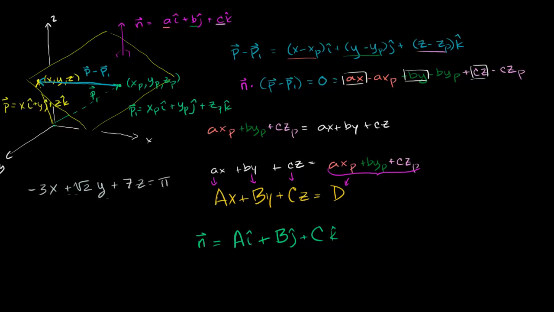So it's not crazy, it's just a plane in 3 dimensions. And I say, what is a normal vector to this plane? You literally can just pick out these coefficients, and you say a normal vector to this plane is -3i plus square root of 2j plus 7k. And you could ignore the d part there.